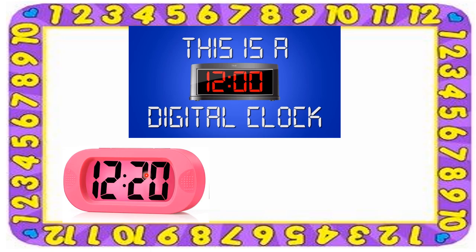First, it tells us the hours. On the right side we can see the hours. How many hours are here? 12 hours. And how many minutes are here on the left side? 20 minutes. So what is the time here? 12 hours and 20 minutes.